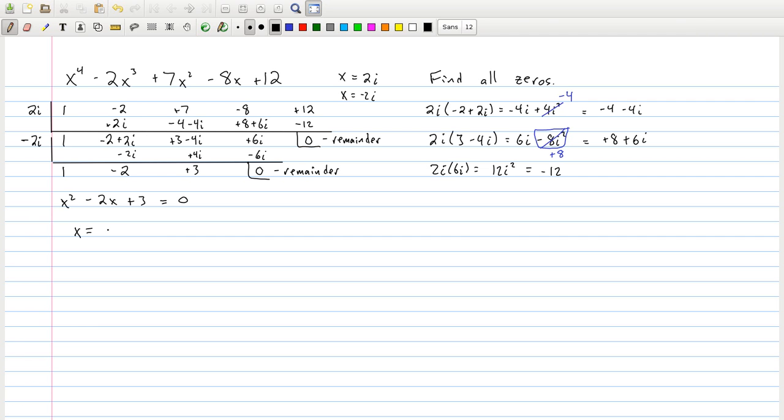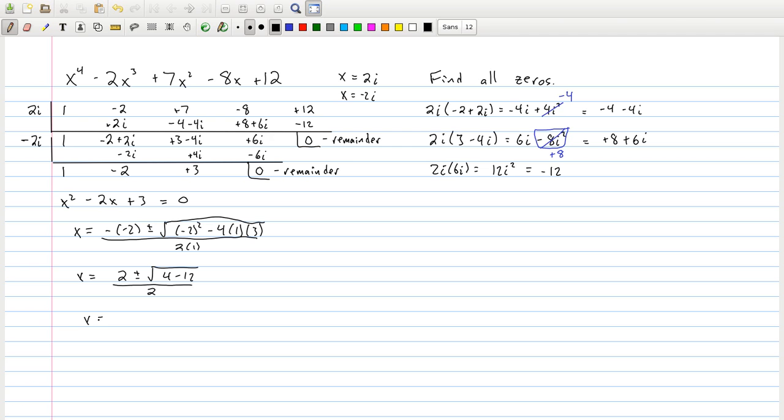This gives us x equals negative b plus or minus the square root of b squared minus 4 times a times c, and this is all divided by 2 times a. We can simplify this to get x equals 2 plus or minus the square root of 4 minus 12 over 2.